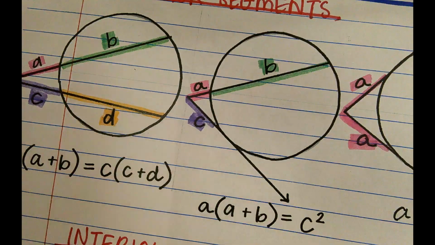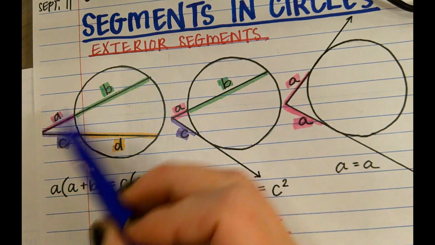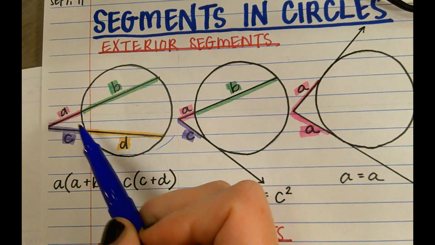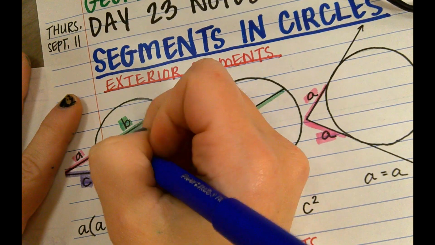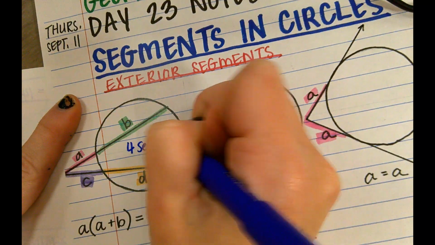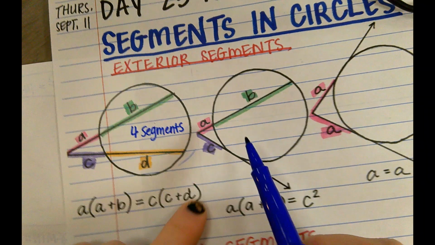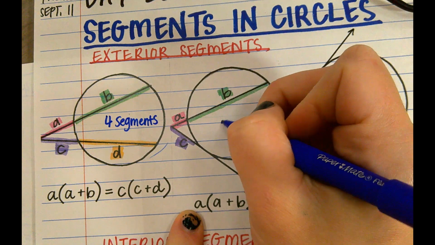As a rule of thumb, we can think of it like this. The first formula has A, B, C, D. So there's 4 segments labeled. My second formula only has A, B, C. There's 3 segments.